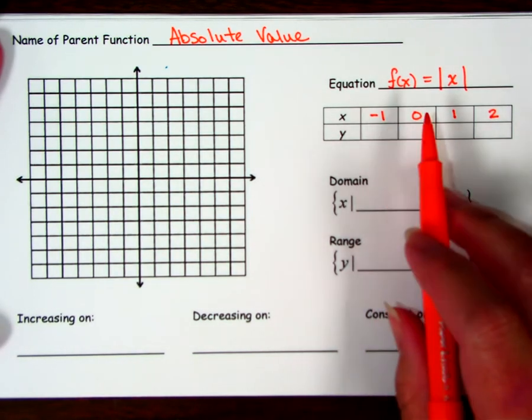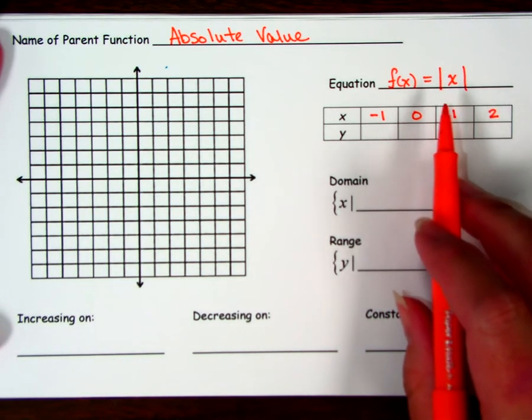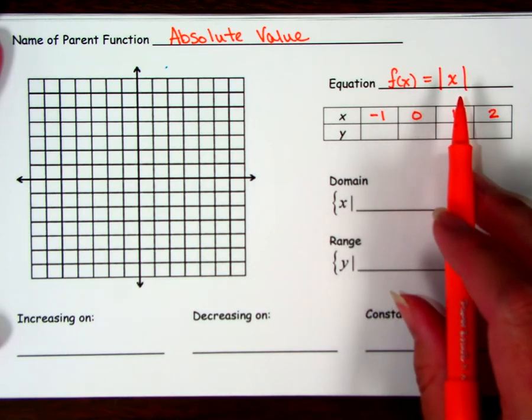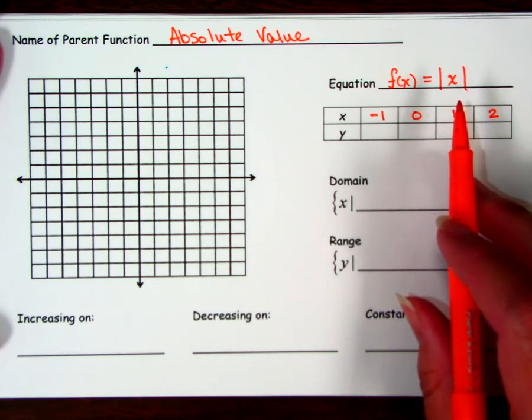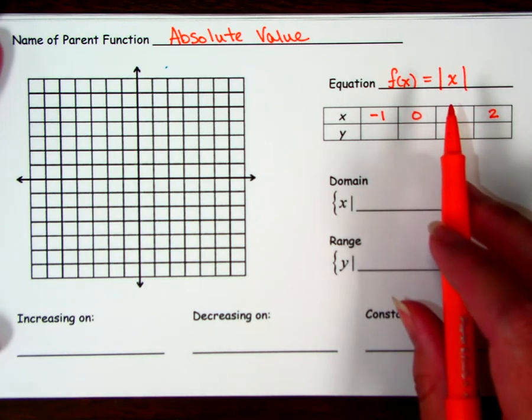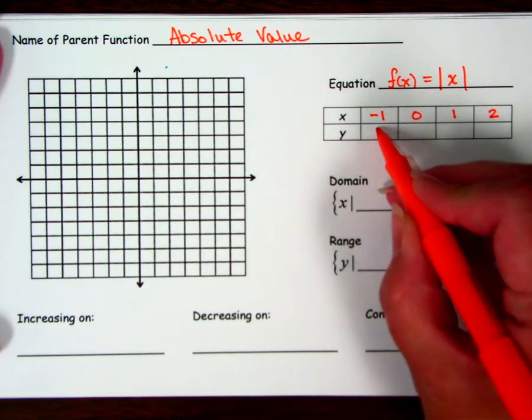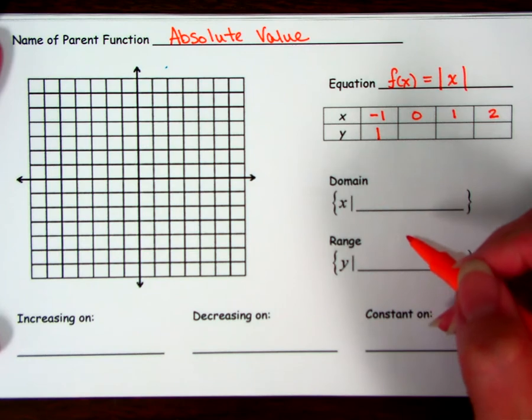If I take -1 and put it in place of x, then this would say the y value is equal to the absolute value of -1. An absolute value means the distance that -1 is from 0. So -1 on the number line is 1 unit away from 0, so the y value there would be 1.